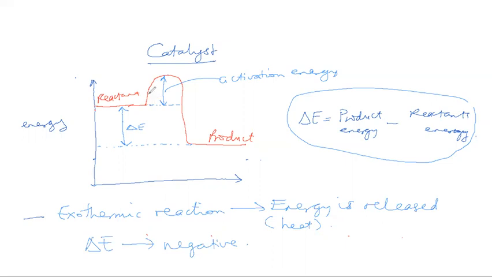Similarly, if you put a catalyst in this reaction, you will end up with a lower activation energy. So let's show that on the graph. I'll use a different color. So instead of the molecules gaining energy to get to this peak here, the catalyst will lower the energy level to somewhere around here.